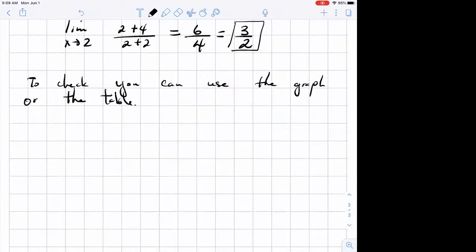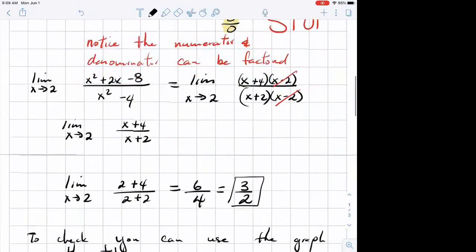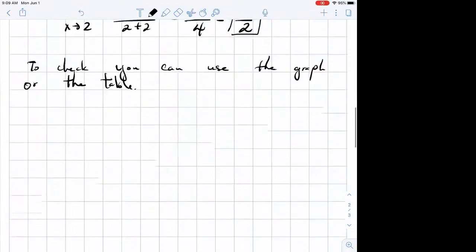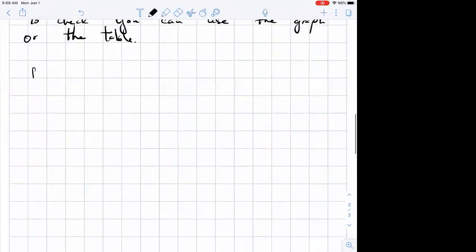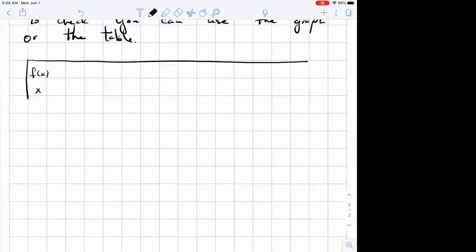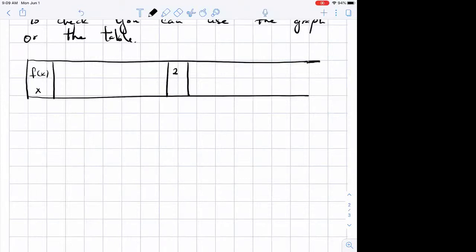What we're going to do is use the table and the function we called f of x. So we have x and f of x, and we create a table of values. Somewhere in the middle, we want to put 2. And then we choose at least three values to the right of 2 and to the left of 2.